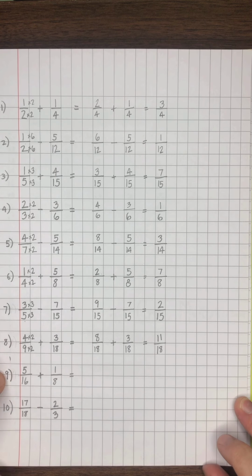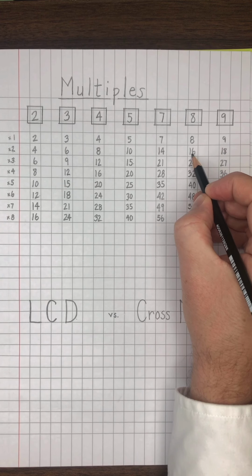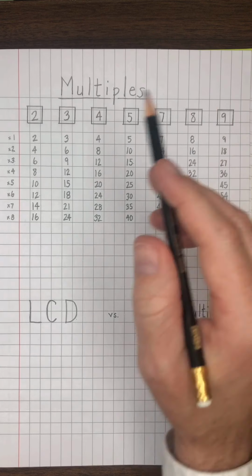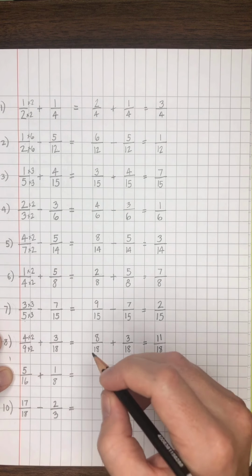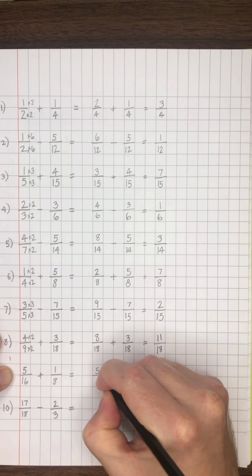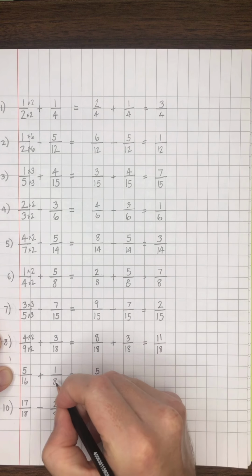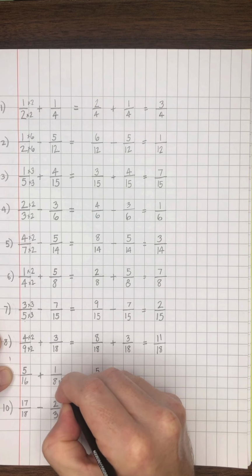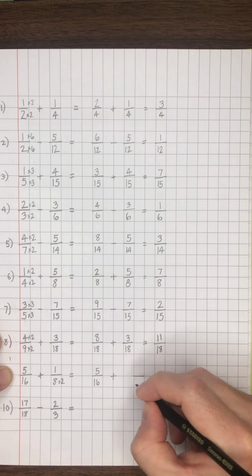Question 9. 5/16 plus 1/8. 16 is a multiple of 8. We do not have to change this fraction. We do need an equivalent fraction for 1/8. We saw that we multiply by 2 to get the like denominator.